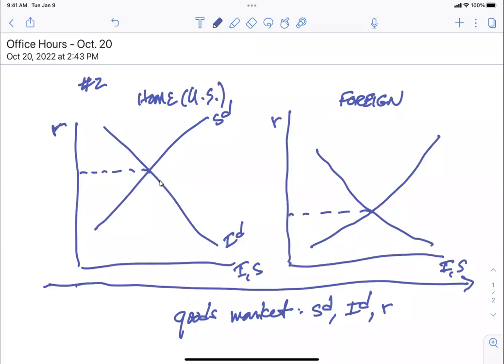We can compare horizontally across the graphs. So this might be 5%, this might be 2%. I want the interest rate to be lower in the foreign and higher in the home, and we're going to see why in a moment. It doesn't have to be that way. You could draw them different ways, but I'm intentionally doing that. You'll see why.